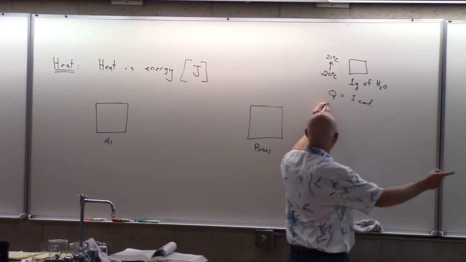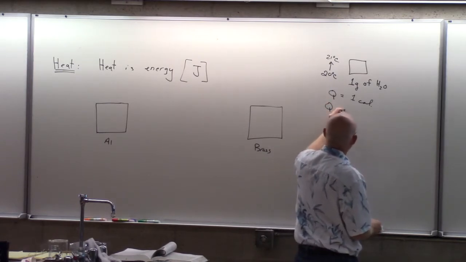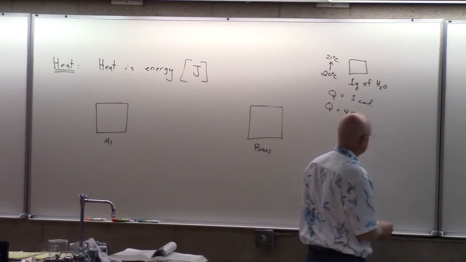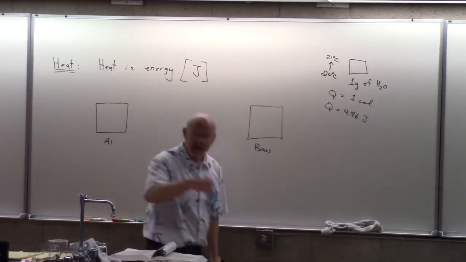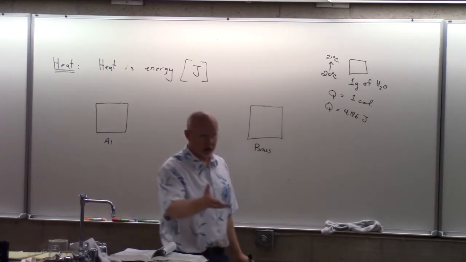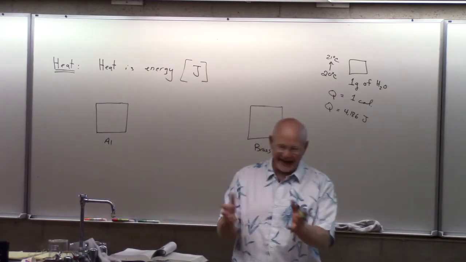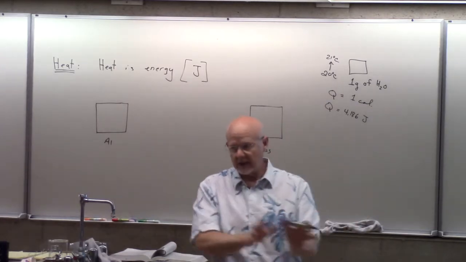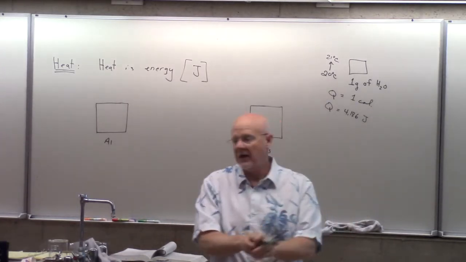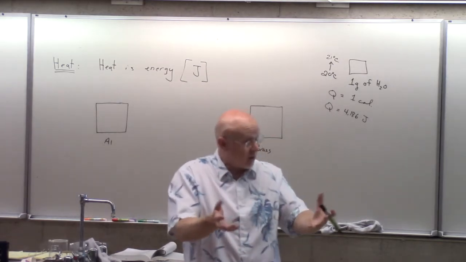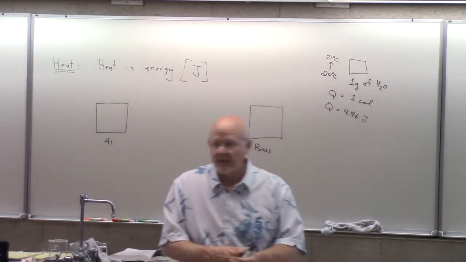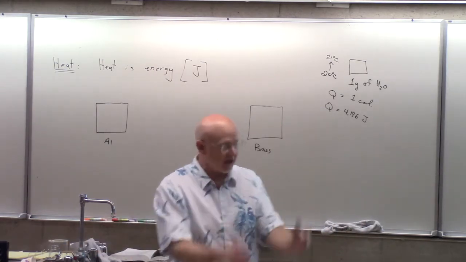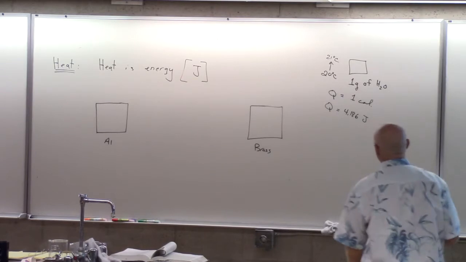Which, looking at that chart, means it would be 4.186 joules of energy. And that's the conversion factor I want you to understand. Again, you have to go back in history to realize that before scientists realized that heat was an energy, they thought it was some other quantity, so it had its own units. Now that we know heat is an energy, there must be a conversion factor, and that's what I'm trying to give you.